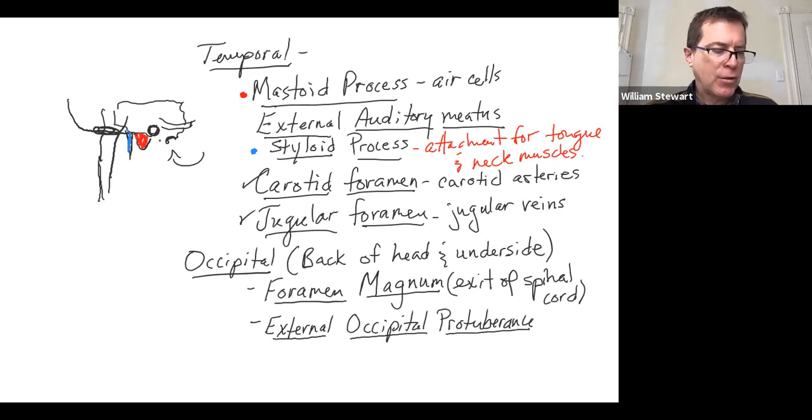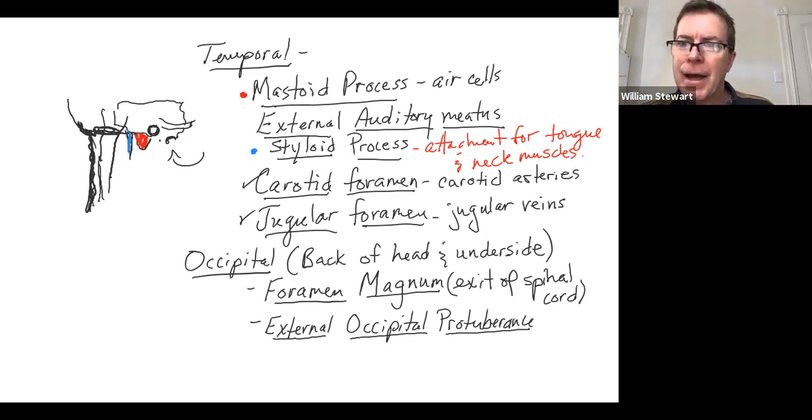This attaches to the C7. It helps attach ligaments from our vertebrae in our neck, our cervical vertebrae, to the occipital bone here. It's just a crest. It's called a protuberance that helps support the neck ligaments and muscles themselves.